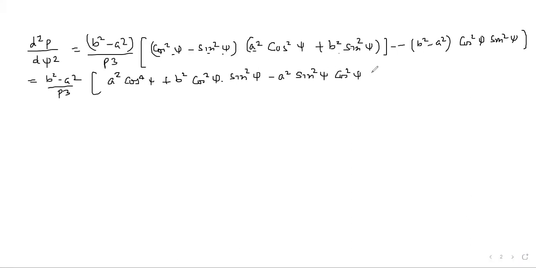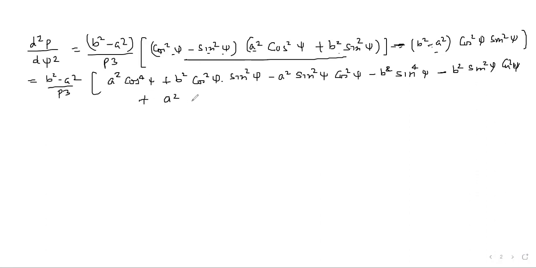Then this gets multiplied to this, minus b² sin⁴ψ. This is multiplication of these two terms. If we multiply this, there is a minus sign, so minus b² sin²ψ cos²ψ, and then this minus minus will become plus a² cos²ψ sin²ψ.